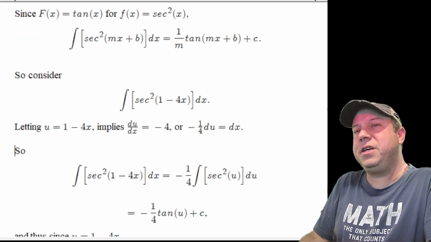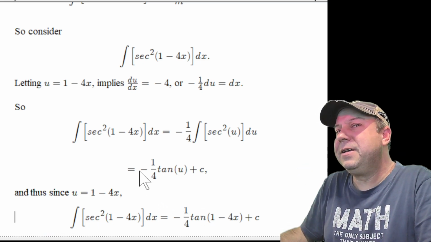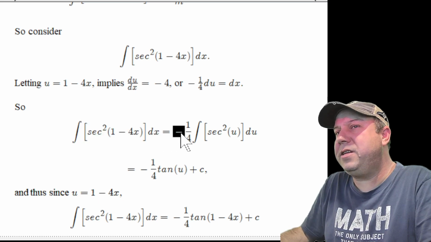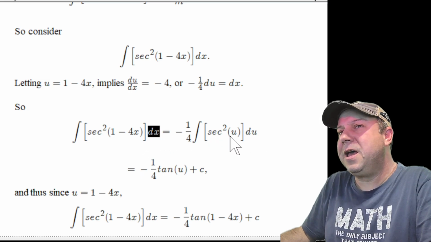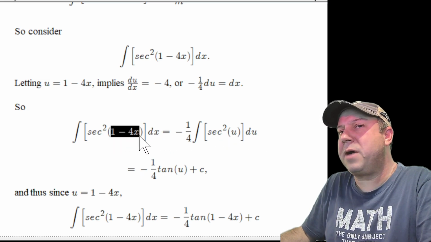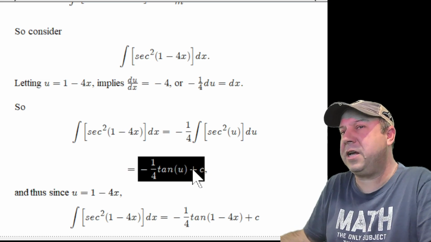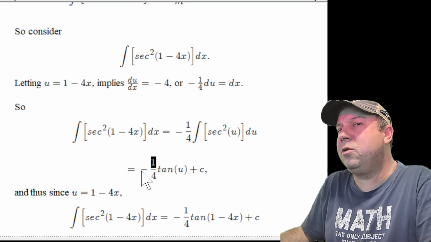And we'd end up seeing a result very similar to what we found above. Substituting into our antiderivative, negative 1/4 du for the value of dx, and u for the value of 1 minus 4x, we can say the antiderivative is negative 1/4 tangent of u plus c. This negative 1/4 being the value of 1 over m, with m equal to negative 4.